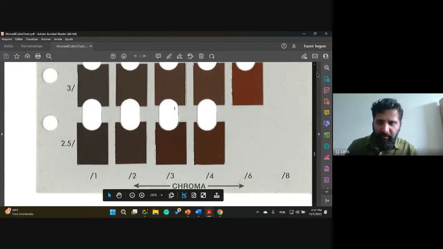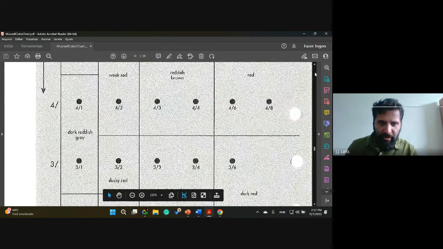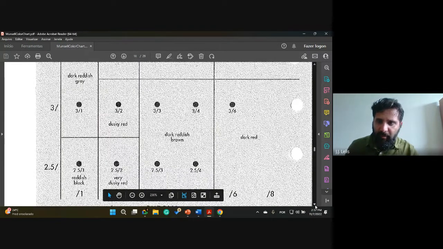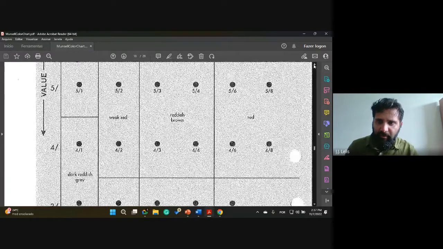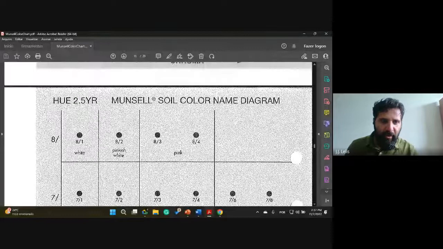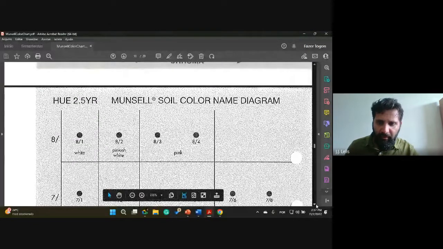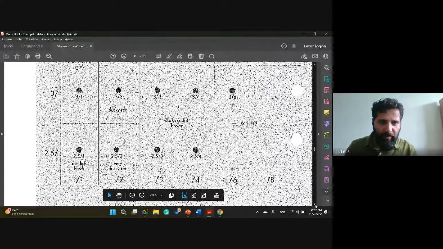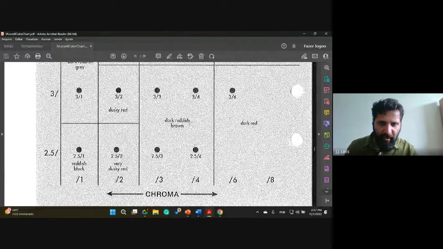And we can see in the other page the name of this color. Okay. The hue is 2.5 YR. It's the right hue. And now 3 and 3 is a dark reddish brown color.